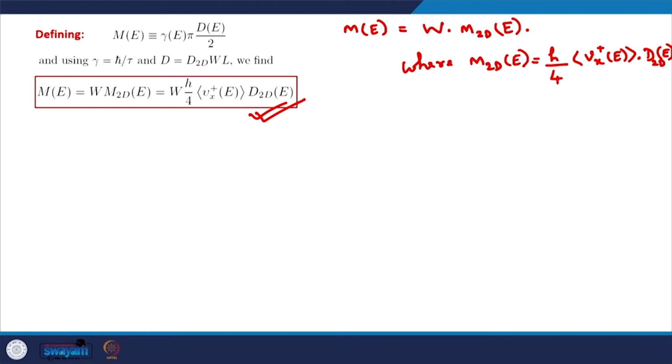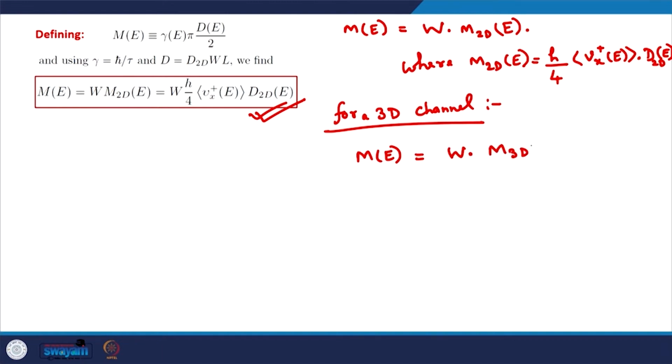Similarly, a similar expression will hold true for a 3D channel as well. For a 3D channel, the total number of modes in the channel would be W times M3D(E), and here, in addition to W, we will also have area times M3D(E), where this M3D(E) is the number of modes per unit area.